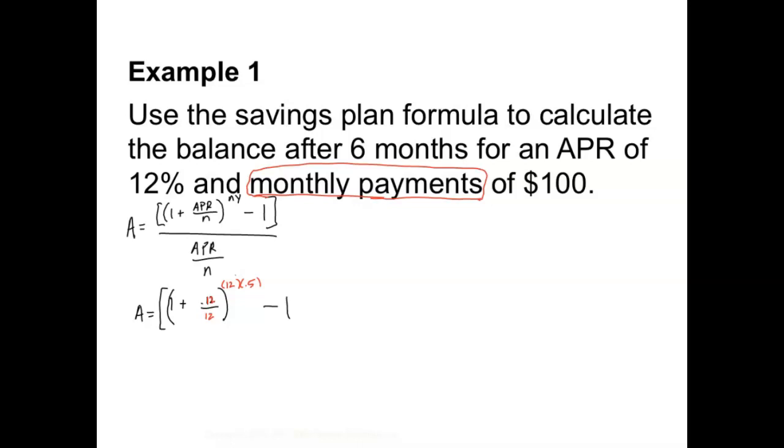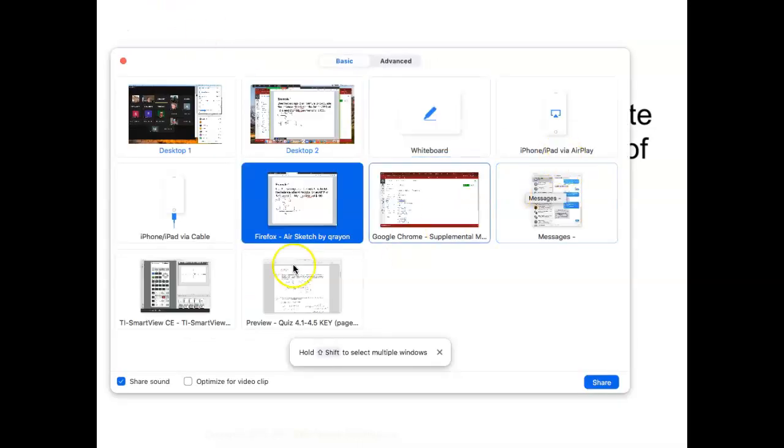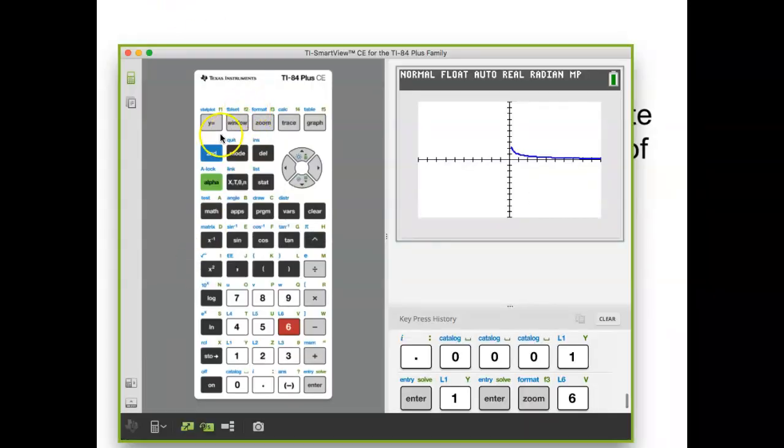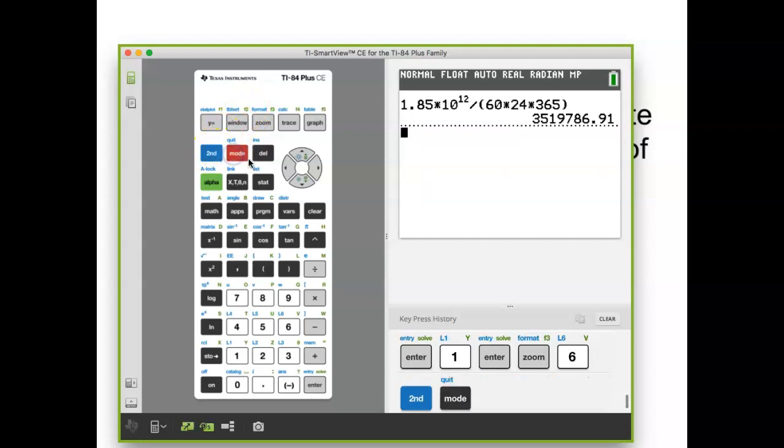Then we have minus 1 over my APR 0.12 over N, which is over 12. All right, this goes into our calculator. And we're going to get the accumulated balance after 6 months. So we're going to enter it all at once, so you just need to be careful with parentheses.